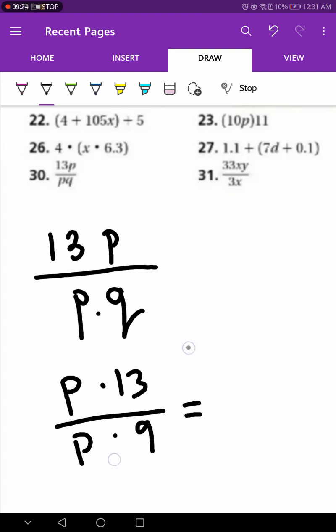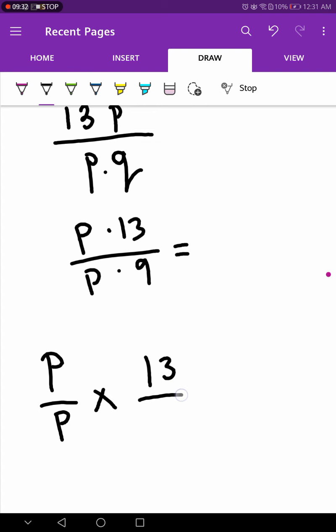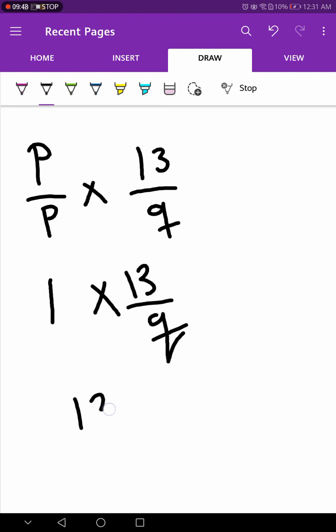Then p over p multiply 13 over q, and p over p is 1 multiply 13 over q by using the identity property of multiplication, so I get 13 over q.